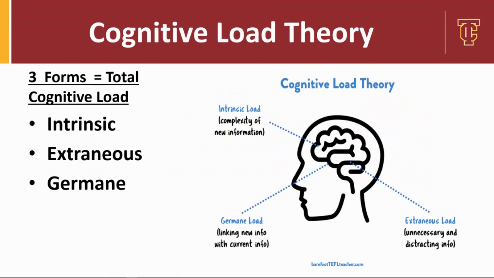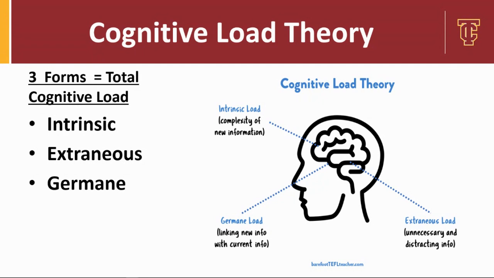So when we think about cognitive load, there's a few more things we need to work through here. And educational psychologists have identified there's 3 aspects to cognitive load. We have intrinsic, extraneous, and germane. And these parts make up total cognitive load.